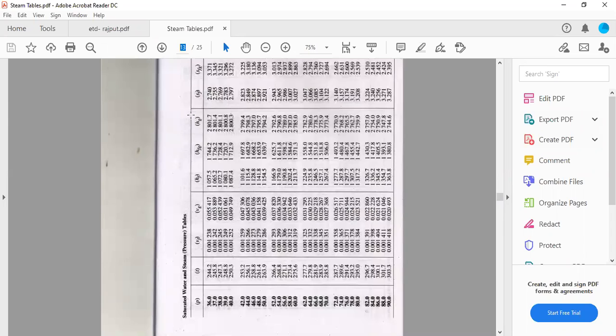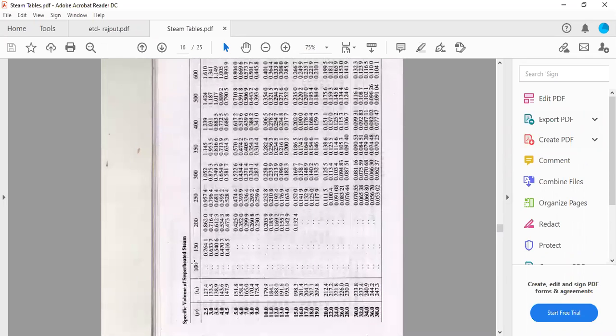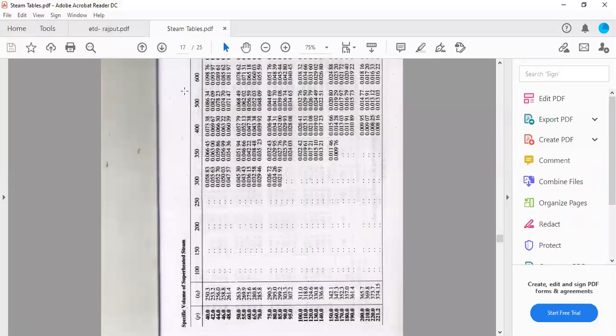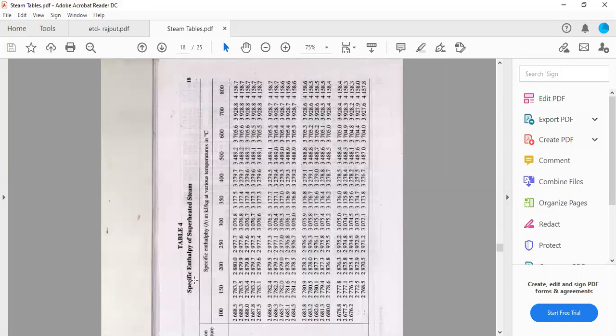This is saturated vapor. This is specific volume only. We require enthalpy values, not specific volume. Now this is specific enthalpy.